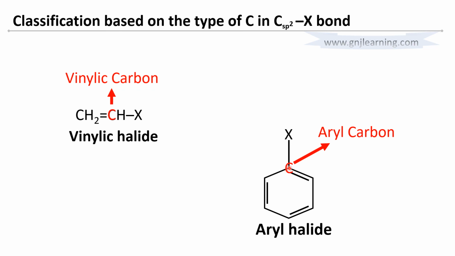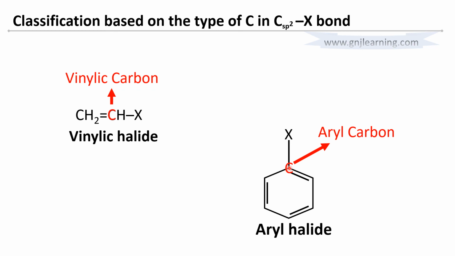So recollecting the classification from the beginning, the first major classification was based on the number of halogen atoms. Then we classified based on the sp3 carbon. What type of sp3 carbon is it? Whether it is an alkyl carbon, an allylic carbon, or a benzylic carbon. Based on that, we have classified the halides.